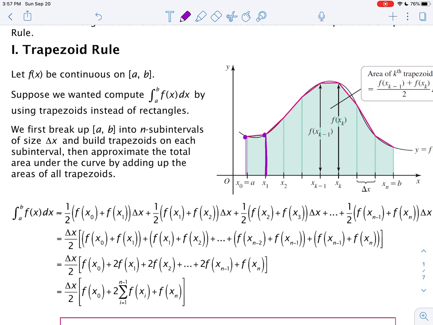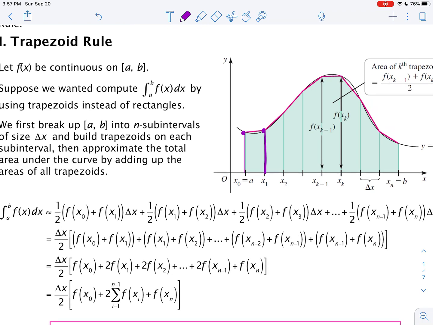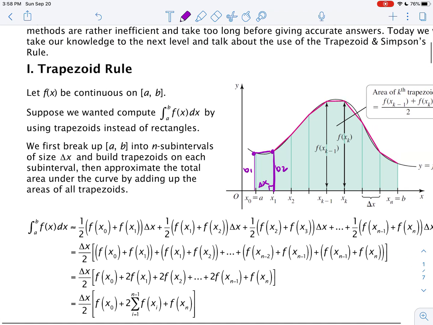What we do is take the outputs from our x sub 0 and our x sub 1, and we call them the lengths of the bases of our trapezoid, and we connect the dots between those function outputs and form a trapezoid with the first bases being b sub 1 and b sub 2, and our height, which is perpendicular dropped between the two bases, would be our delta x.